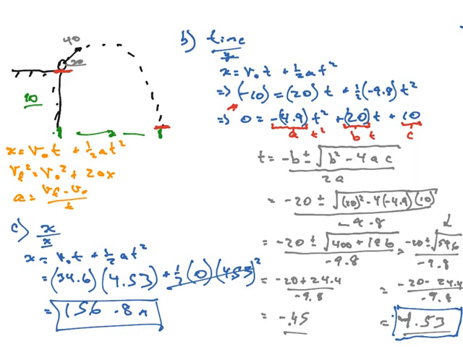Unfortunately, with this one, it wasn't 0, because we're starting at the top of the cliff and we're ending at the bottom of the cliff, which means there is a difference in the y direction, or distance. In this case, it drops 10 meters, so -10.